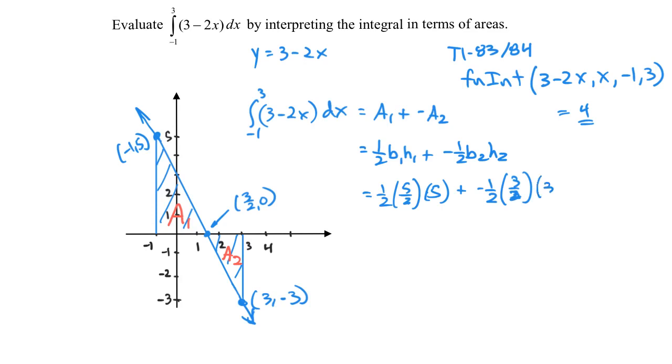So we plug in a 3 here. And if we go through the math here, we're going to get 25 over 4 minus 9 over 4, which is 16 over 4, or 4. So we can interpret the integral in terms of areas if we allow ourselves to call this a negative number.